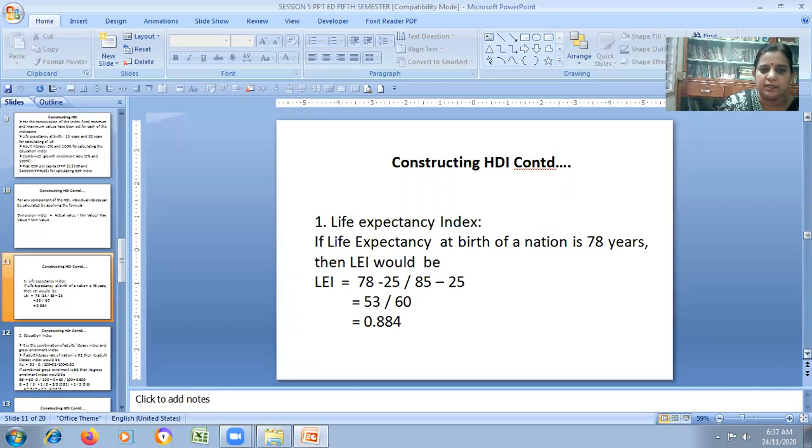Therefore, after calculating, the value for life expectancy index is 0.884.